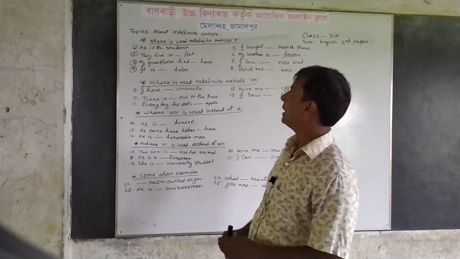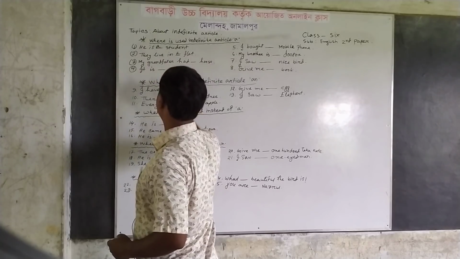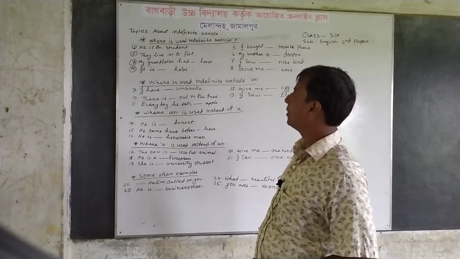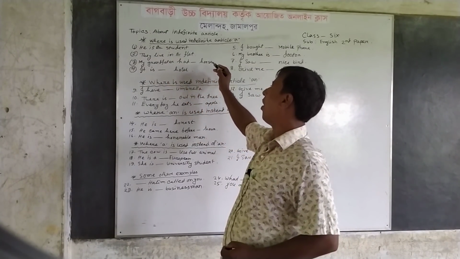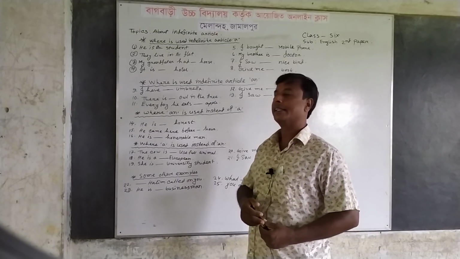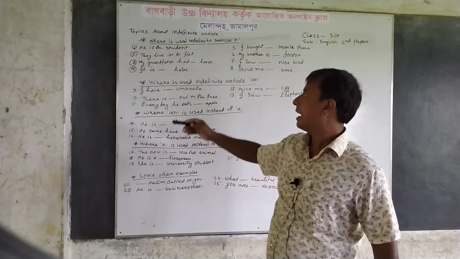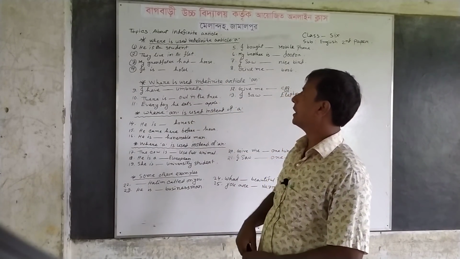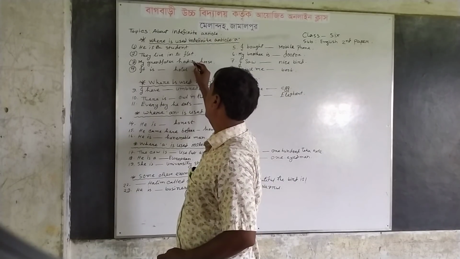So, we shall use A before flat. And the third example, my grandfather had a horse. Here horse is a singular countable noun and its first letter is H. So we shall use A before horse.